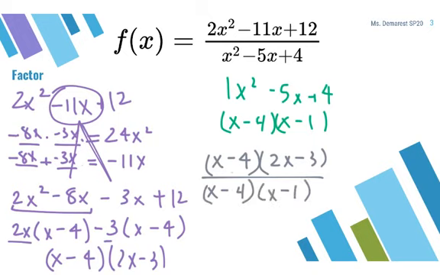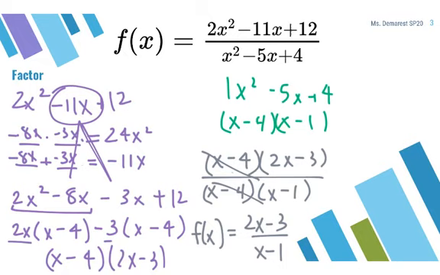And we can see that x minus 4 divided by x minus 4 cancels, so our final factored form is going to be 2x minus 3 over x minus 1, and that's what we're going to use moving forward to find our other pieces. But keep in mind, I need you to show me this work, right? You can't just write 2x minus 3 over x minus 1 and call it a day. I need to see all of these steps.